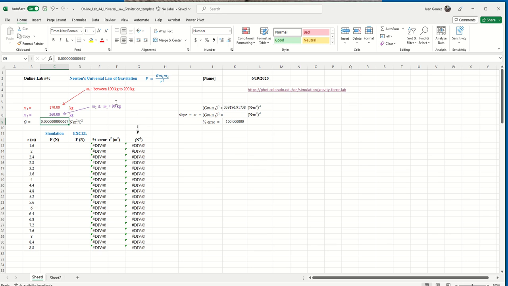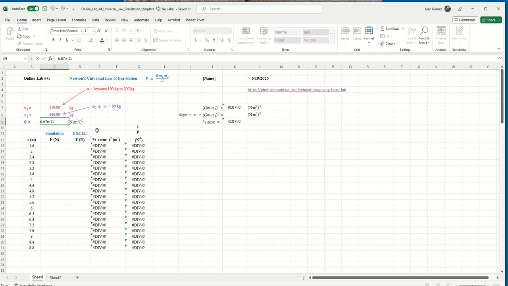And the way you enter that in Excel language, let me go ahead and delete that, is I'm going to enter 6.67, and then it's times 10 to the minus 11. Well, I'm going to type in the letter E, and then minus 11. That's Excel language for 6.67 times 10 to the minus 11.